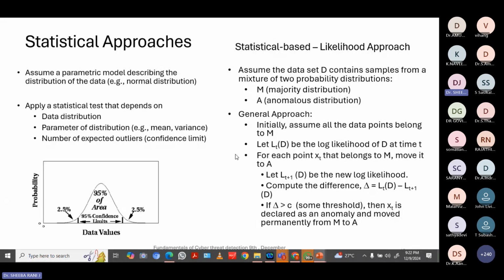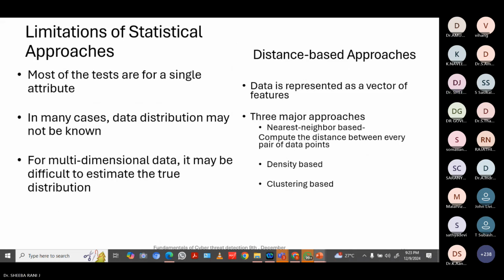If you have good data and know the distributions, that is important. If you are sure that the data coming follows a normal or Gaussian distribution, then we can do this type of analysis and it will give a proper detection. Otherwise, it won't.